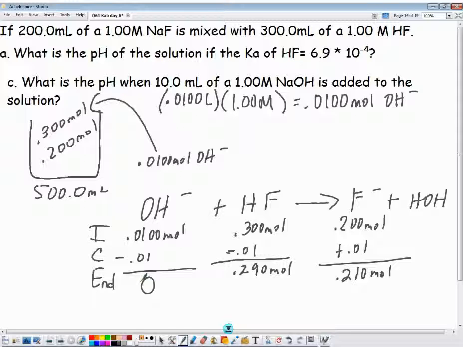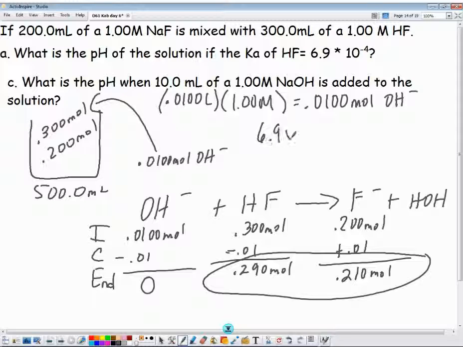Buffer did its job. Now I tell you to stop, look, and listen. What do you have? I still have a buffer. The buffer did its job, and I still have a buffer. How do I find pH? Okay, Henderson-Hasselbalch, Ka times acid over base.